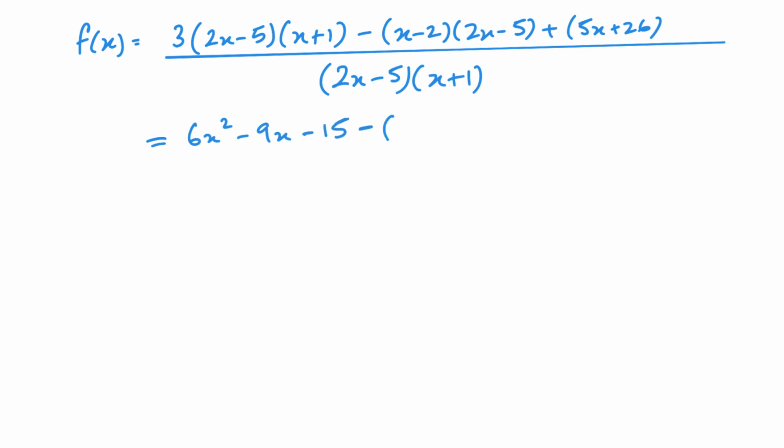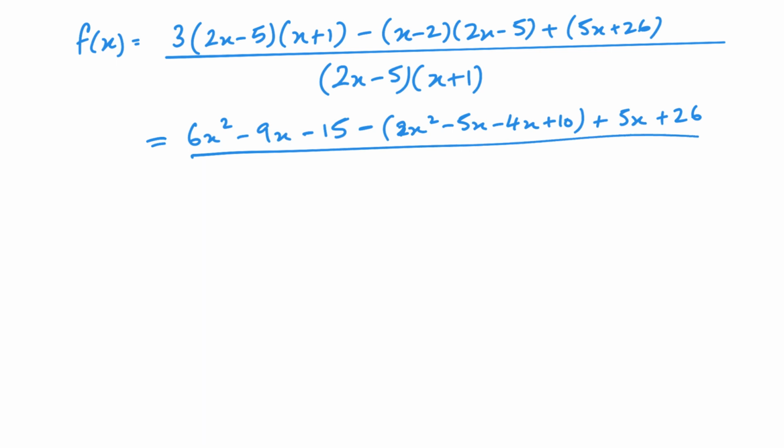Minus, and then I'm going to expand these 2 brackets, keep them in a bracket first, so we get 2x squared minus 5x minus 4x plus 10, and we've got the plus 5x plus 26, and of course that's all over (2x minus 5)(x plus 1). Now I can sort out a little bit of simplifying here.